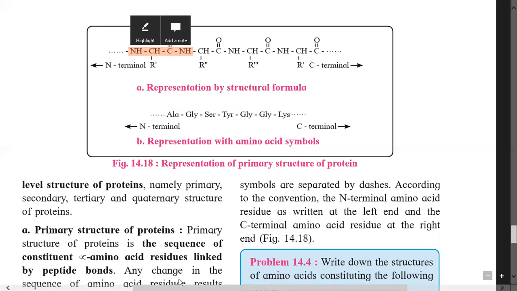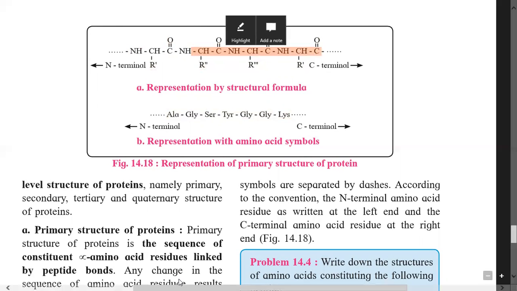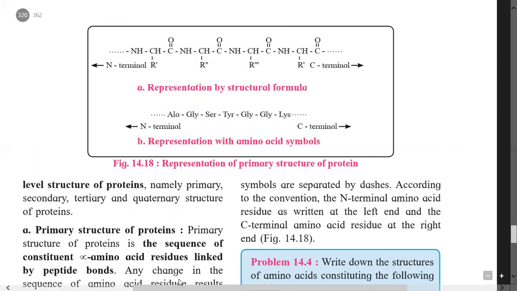And here again the groups bonded are CHR, CONH, CHR, CONH, again CHR, CO. So at the right end there is a carbonyl group and therefore it is called the C-terminal. So this is a representation of protein by structural formula.